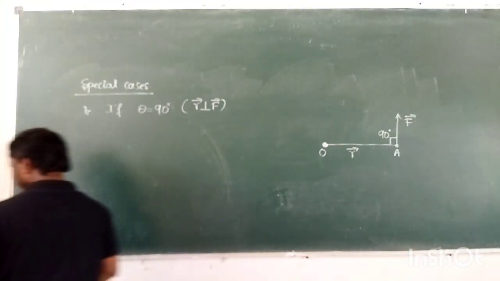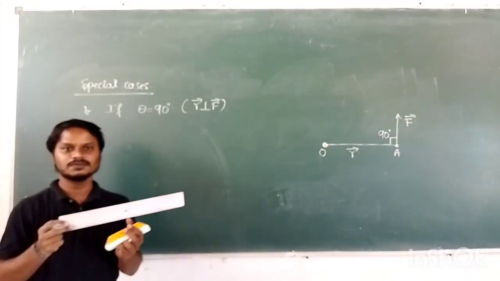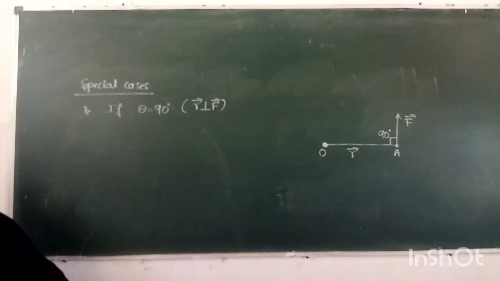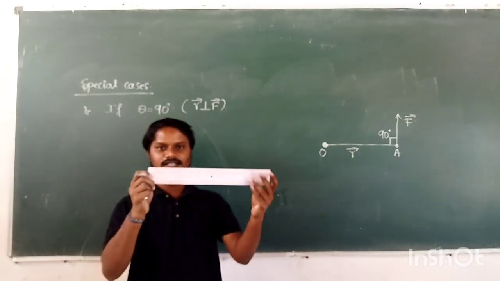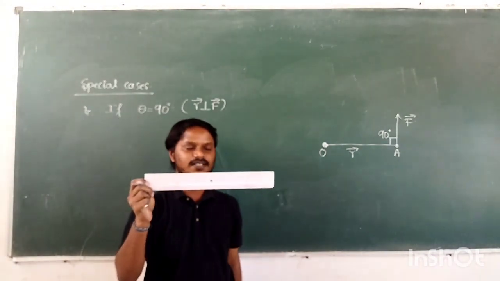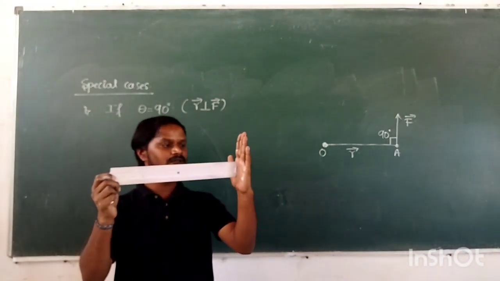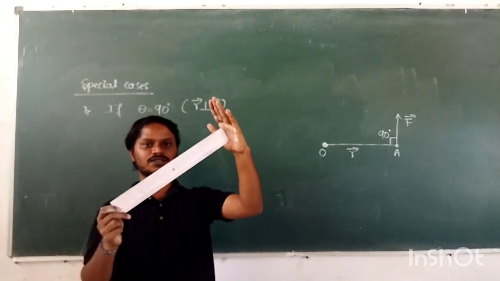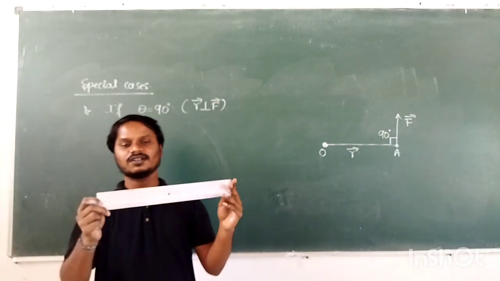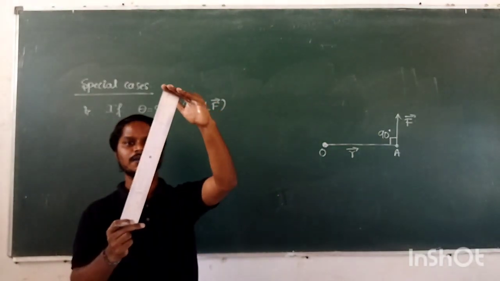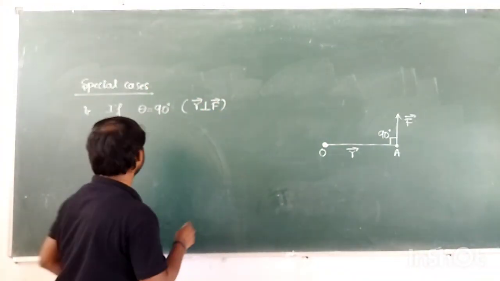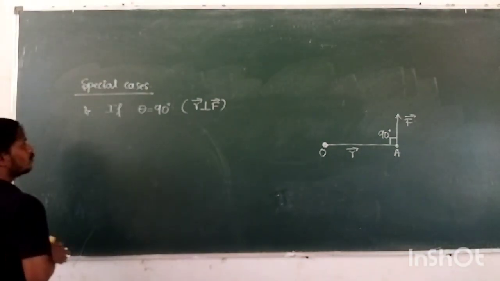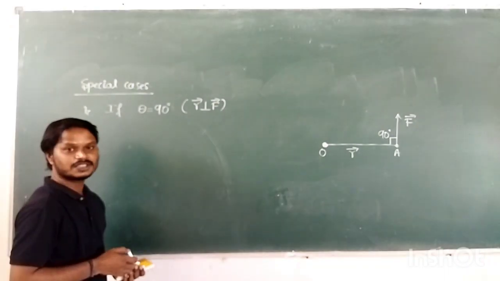Okay, see here. Let us assume this is a rod, and this is the fixed end and it is the free end. If we apply the force to this free end perpendicularly, then what happens? The torque acting on the rigid body is maximum. Now let us take theta is equal to 90 degree. What is the expression for torque?